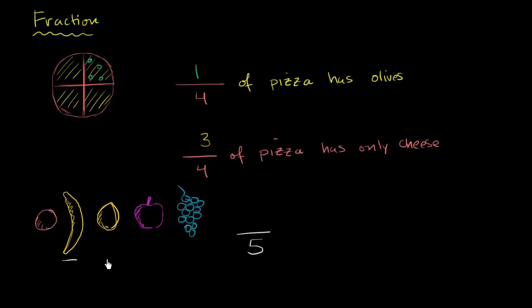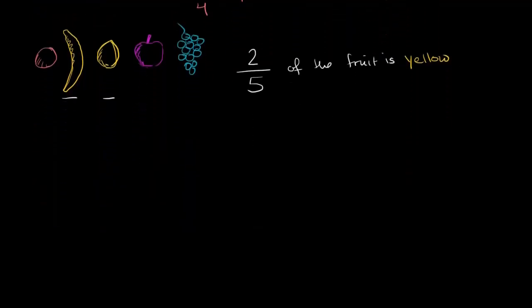Well, the way I drew it, I have 2 yellow pieces right over here. So we'd say 2/5 of the fruit is yellow. It's strange that I'm writing this in white, so I'll write it in yellow. 2/5 is yellow.